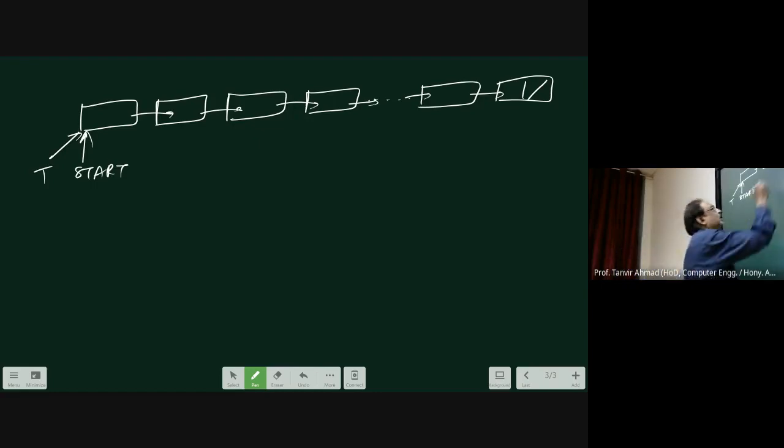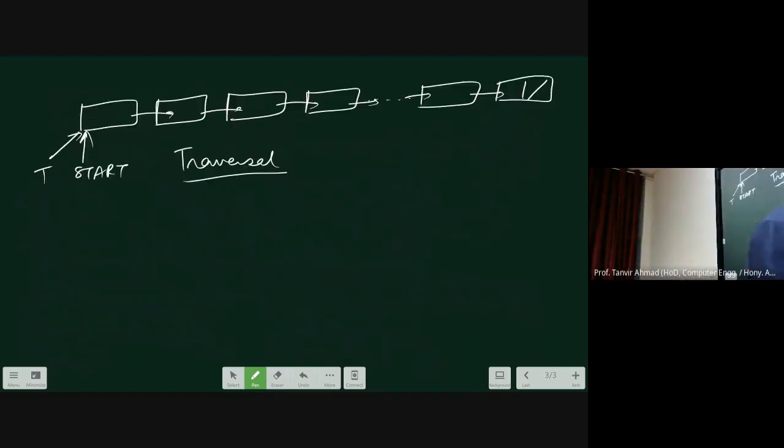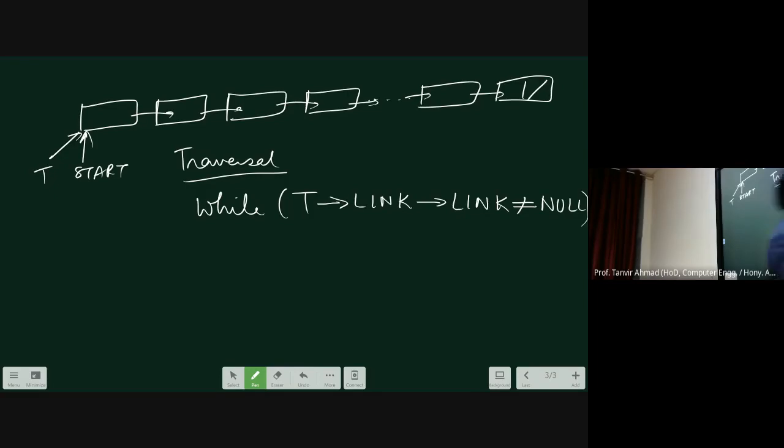Now I will do just a traversal. Now here you see what I wrote. While T of link is not equal to null, that means I am taking the link part of the node where I am. I can write like this: while T of link is not equal to null, then you move T is equal to T of link.